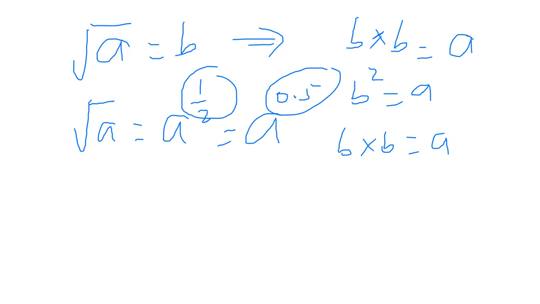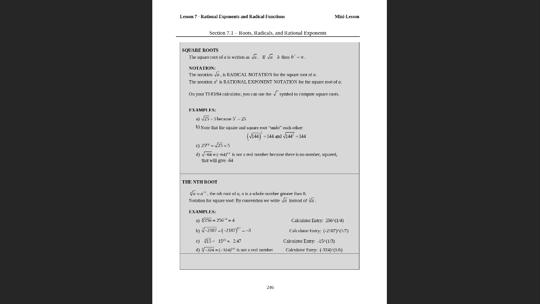Now, when we go back to what we were looking at, we have the square root of 25. The square root of 25 is written in radical notation. Radical notation is like that, okay?